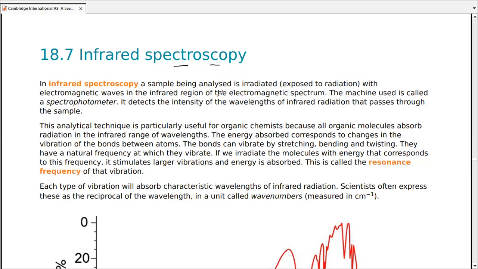Spectroscopy is a kind of study where we throw a specific wavelength of light or a specific strata or substrata of the spectrum onto a substance and analyze it. Since the name is infrared spectroscopy, it automatically gives us the idea that it would be irradiated with electromagnetic waves in the infrared region of the electromagnetic spectrum, and then we are going to study our substance.